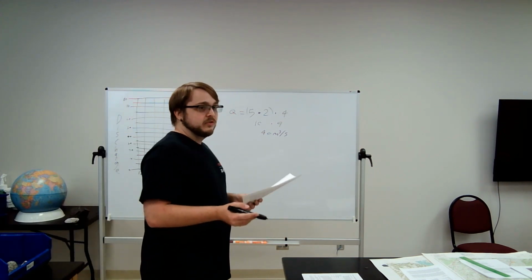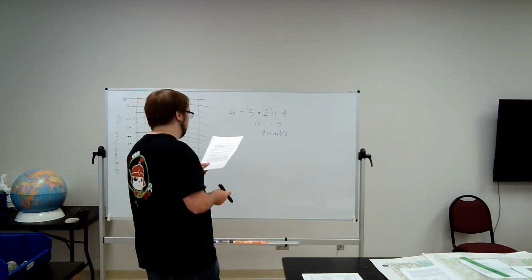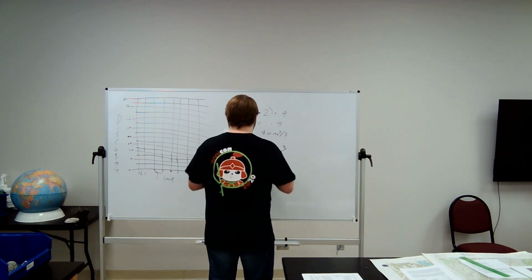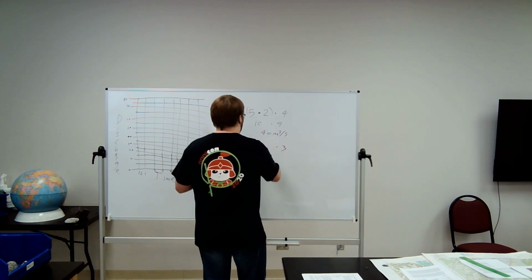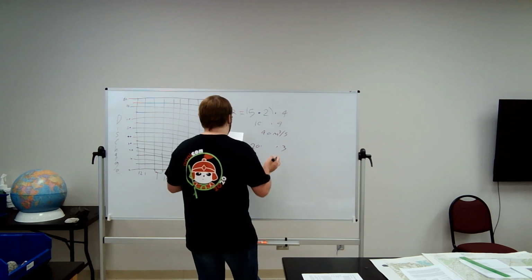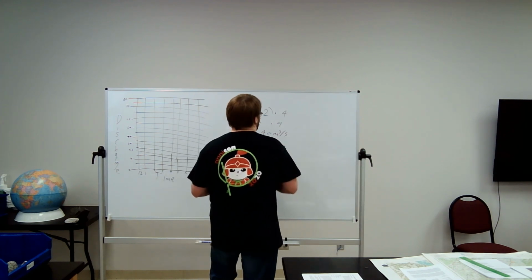In the second exercise, we're switching over to feet. The stream has a velocity of 3 feet per second, a width of 20 feet, and a depth of 5 feet.